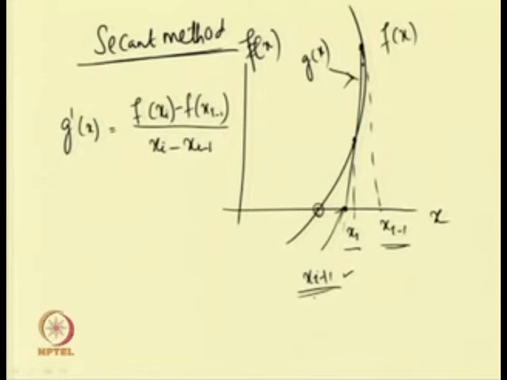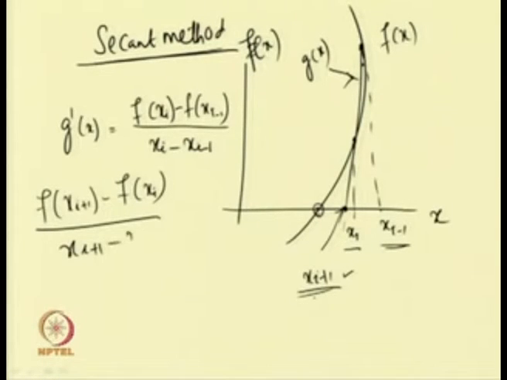The equation of the second line can be given by x I plus 1 minus f x I by x I plus 1 minus x I, which is equal to g dash x I. In this case our f x I plus 1, as it is intersecting the axis, will be equal to 0.